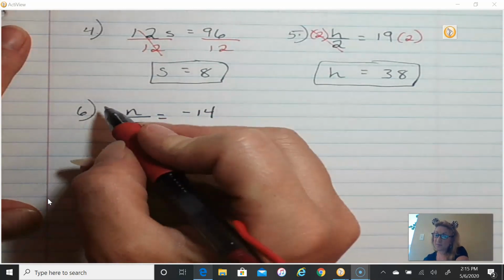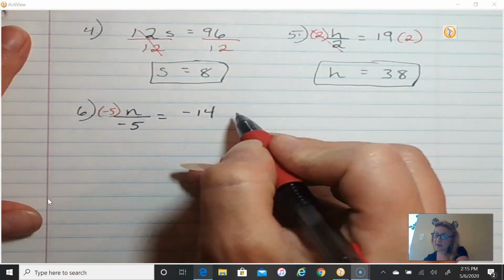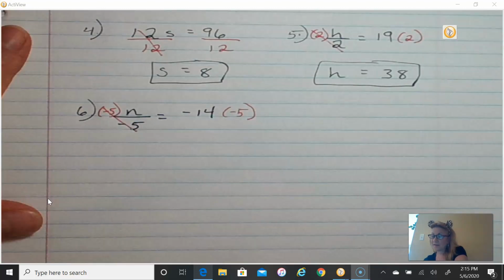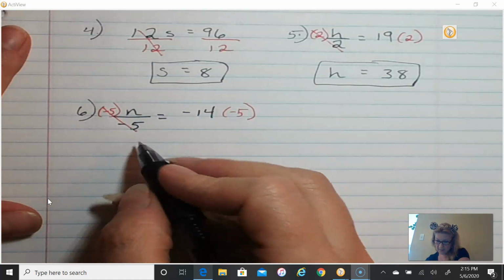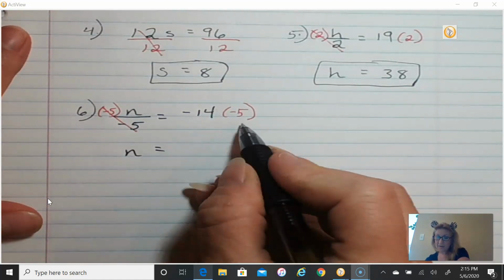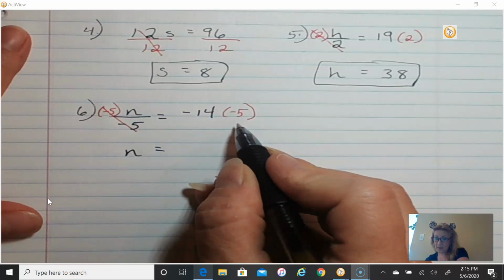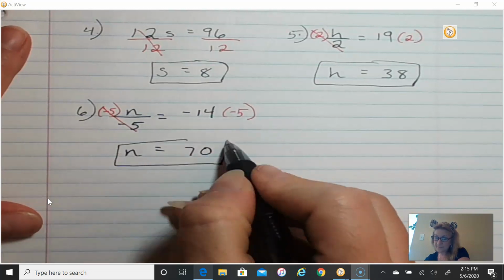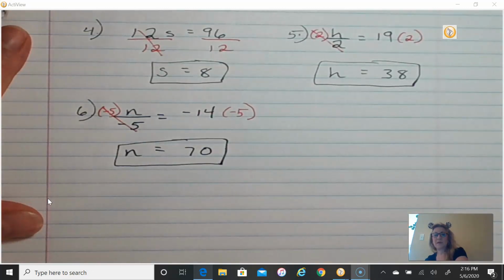So we're going to multiply both sides by -5. These cancel out, and N is now left. And a negative times a negative is a positive, and 14 times 5 is 70. Okay?